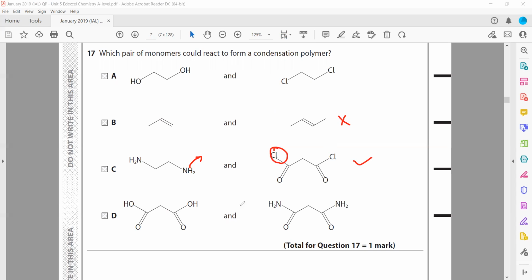And here a carboxylic acid is there and an amide is there, not amine, amide. So a carboxylic acid does not react with an amide. An amine should be there, then it will react, but not with an amide. So C will be the right answer for this.